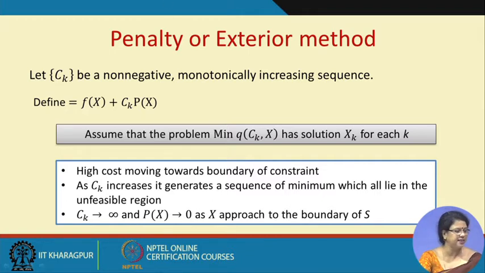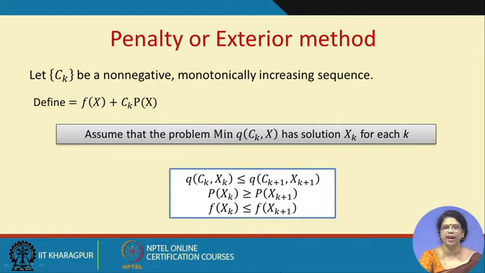And for the exterior penalty function method, as I said, as Ck tends to infinity, p(x) tends to 0, because x approaches the boundary of the feasible space.